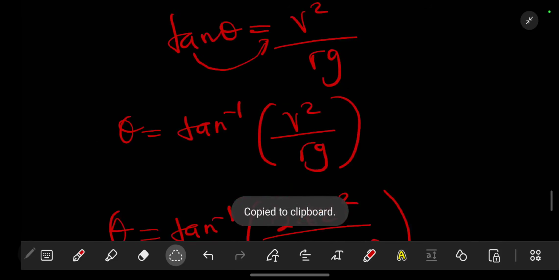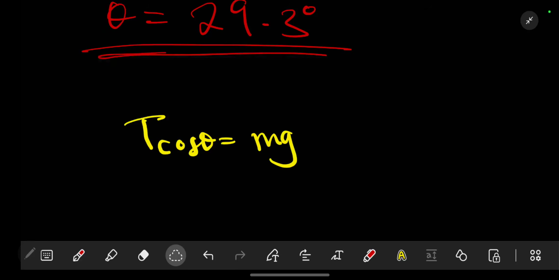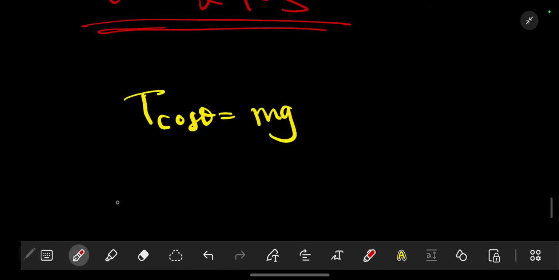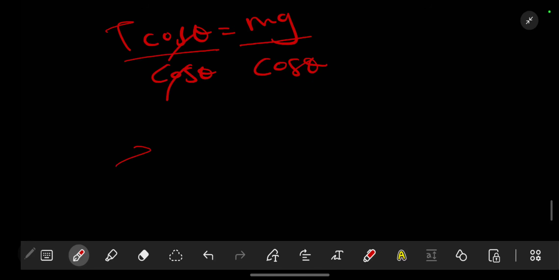So when we use it, we are going to have something like our T cosine of theta should be equal to our mg, which gives us T. If we divide the cos so that we remain with the tension, we have our tension should be equal to mg over the cos of theta.